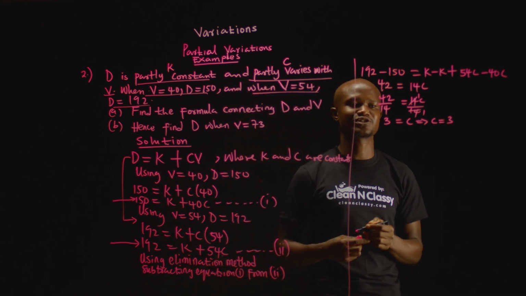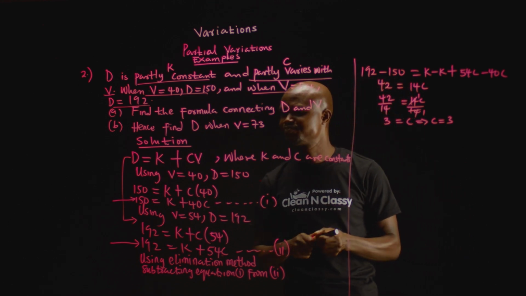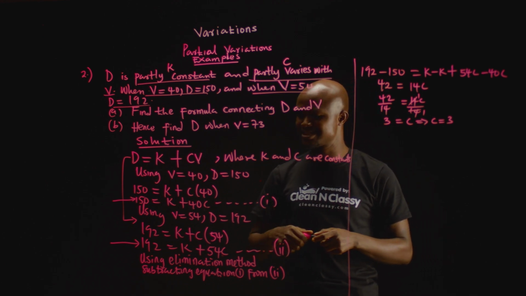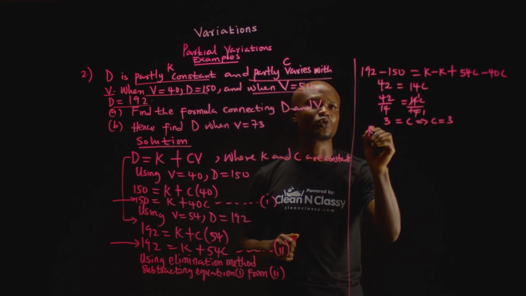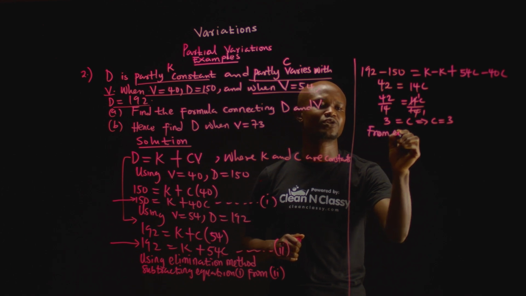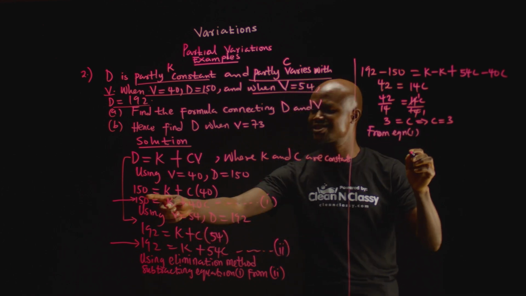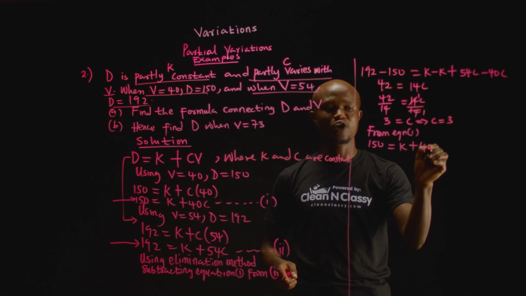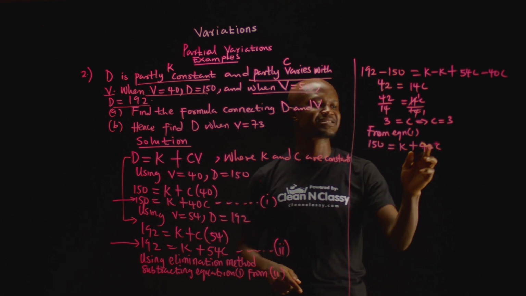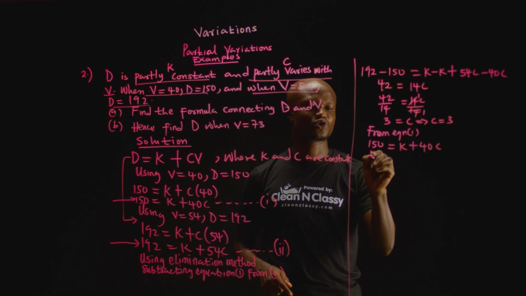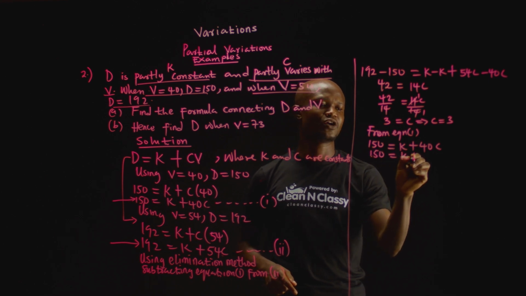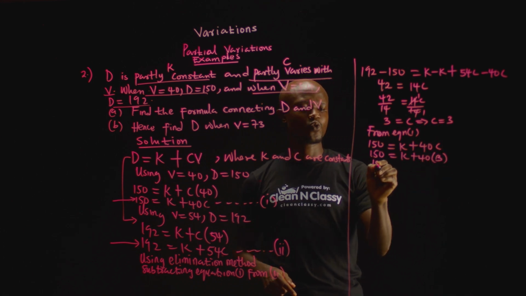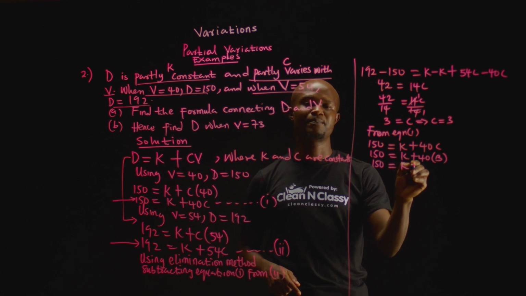Where K and C are constants. So we need to determine the second constant, which is K. We can use any of the two equations to get the value of K. So let me say from equation 1. Equation 1 is 150 equals K plus 40C. Anywhere I see C here, I'll put 3. So 150 equals K plus 40 into 3.